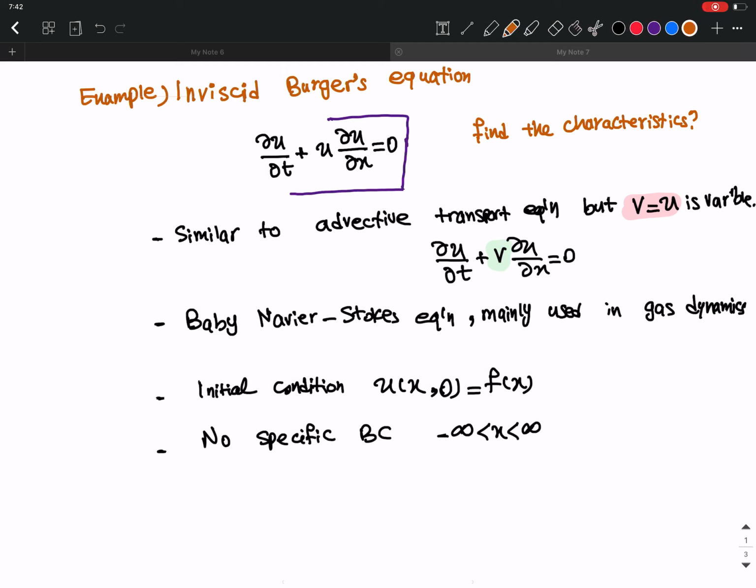Okay, so the answer. As I said in the first note, this is similar to the advective transport equation.